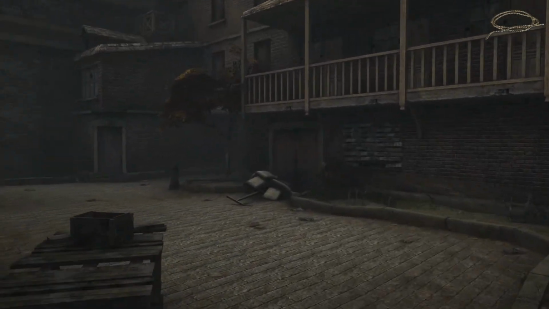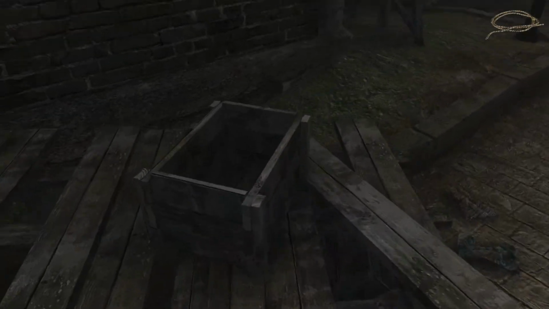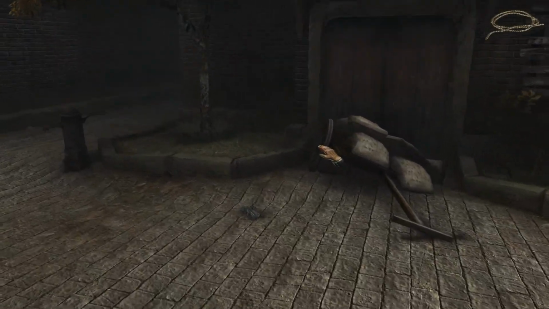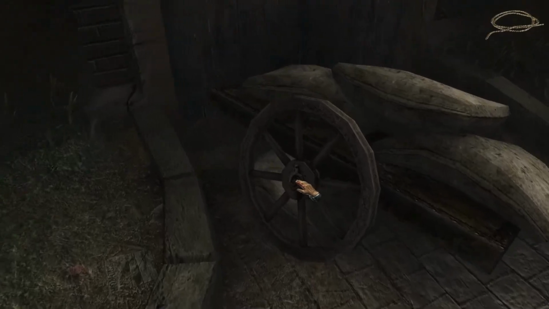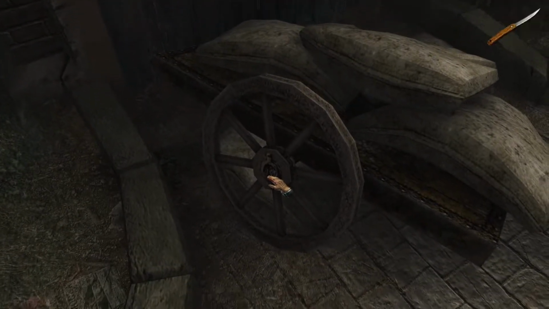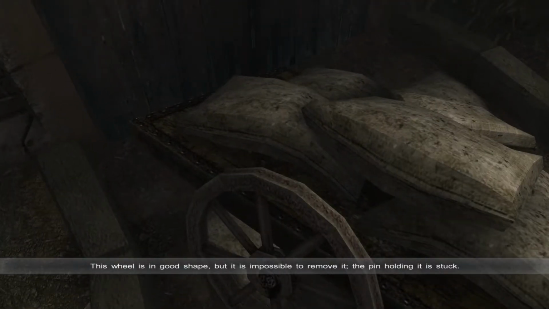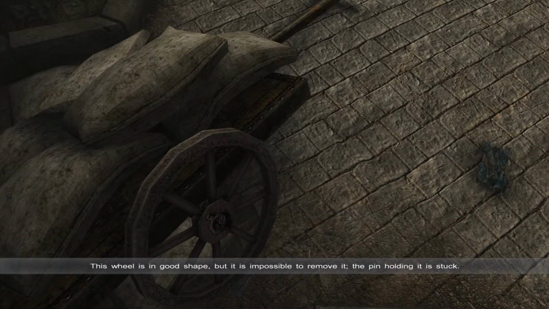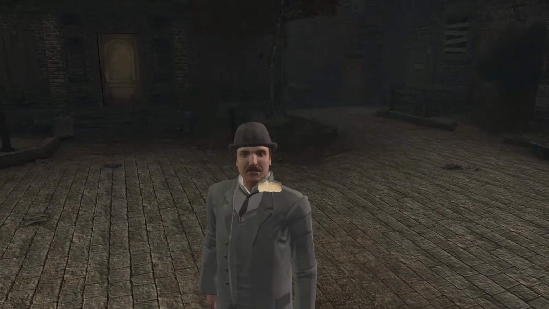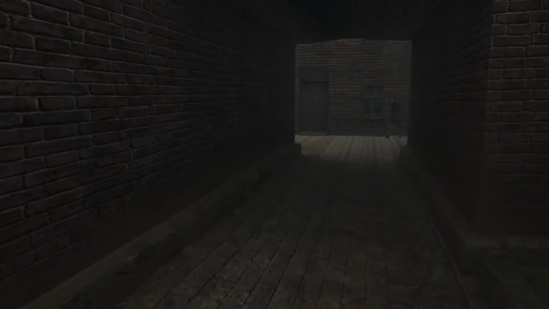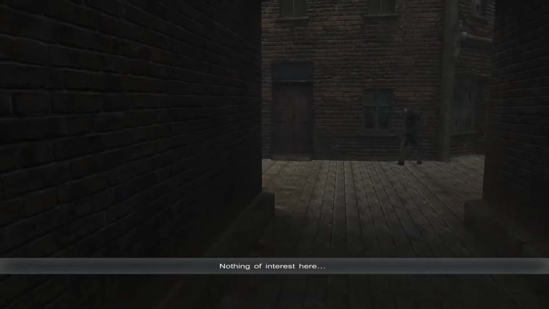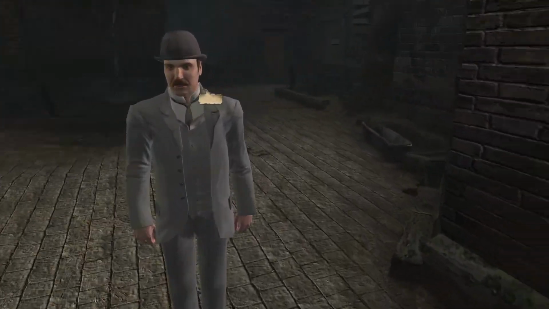But we need that wheel. The pin holding it is stuck. What can we use to remove that pin then? Nothing of interest here. Okay, still can't go there.